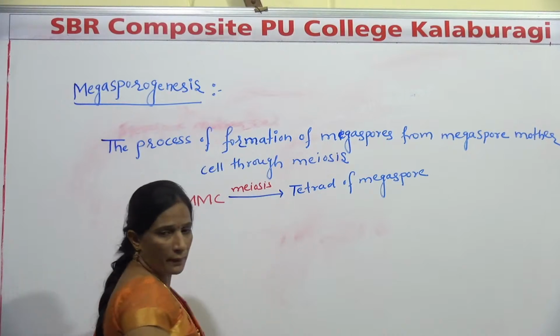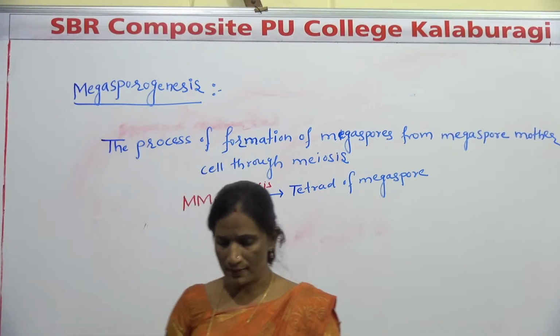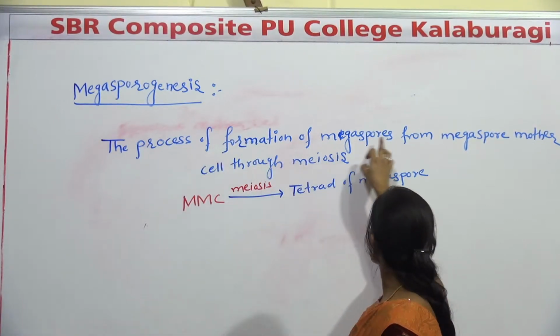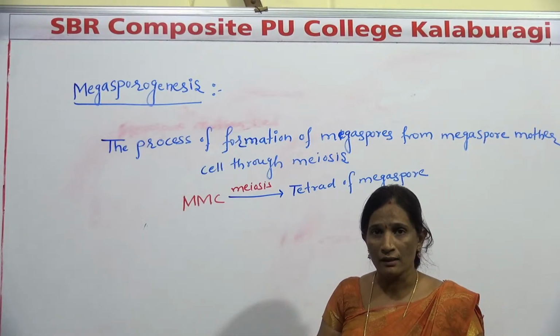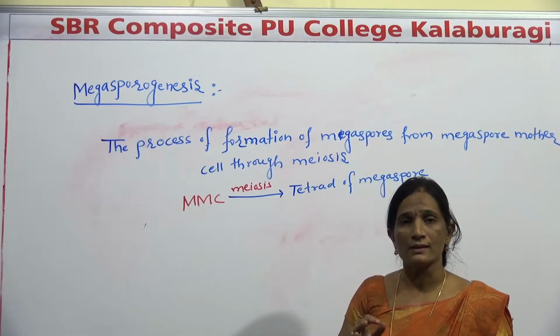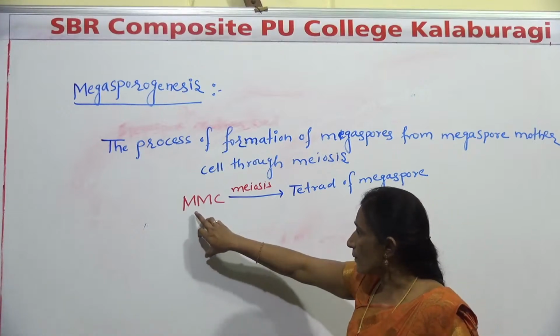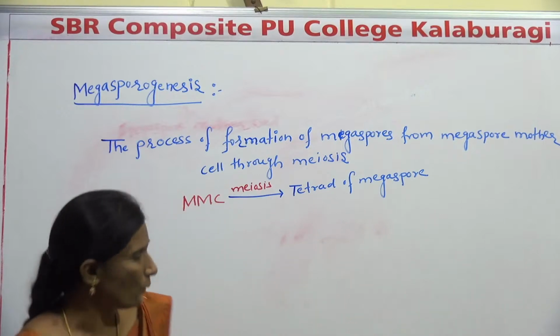So what is meant by megasporogenesis? Megasporogenesis means the process of formation of megaspores from the megaspore mother cell through meiosis. The megaspore mother cell is 2n.